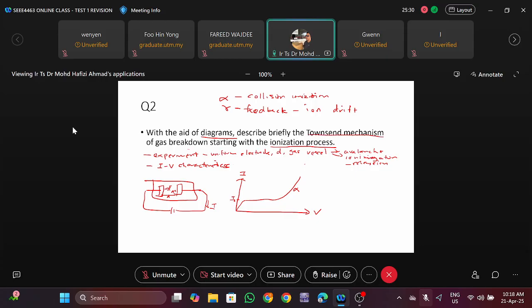You should have some keywords, ionization collisions, right? And if you want to consider feedback as well, it's fine because it's also considered as a second ionization process. And you need also to consider the multiplication of electrons, and then it may produce what we call an avalanche. Okay, correct.